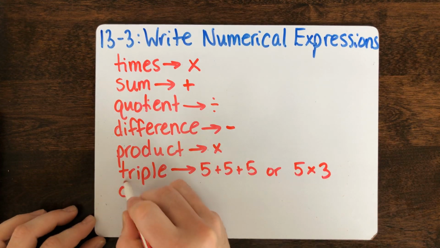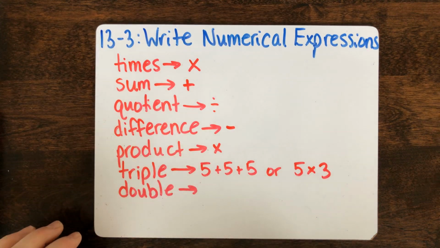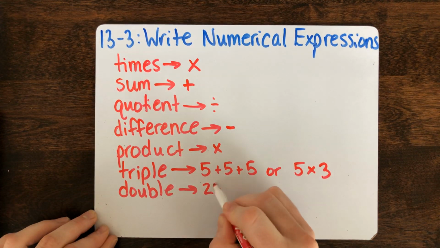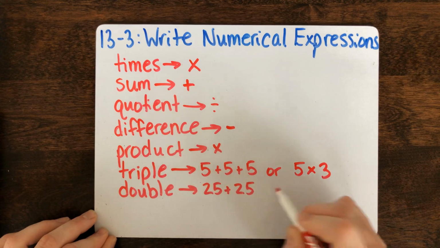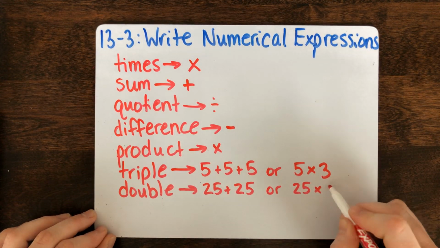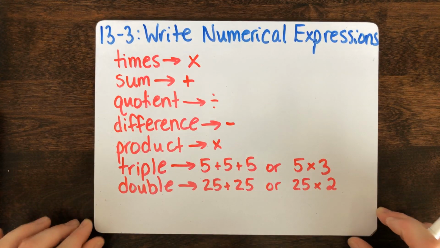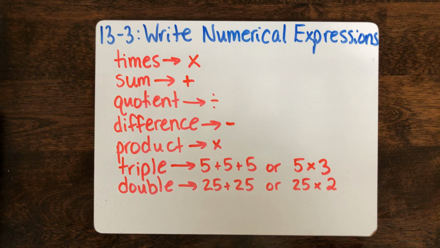Same thing with double. If they say double 25, it can mean 25 plus 25, or it can mean 25 times 2.